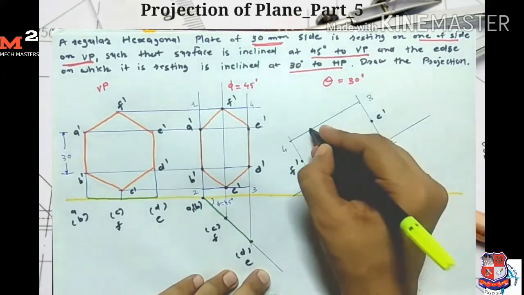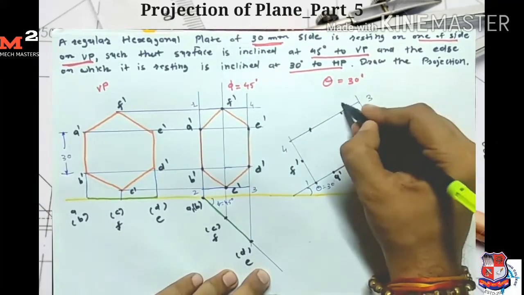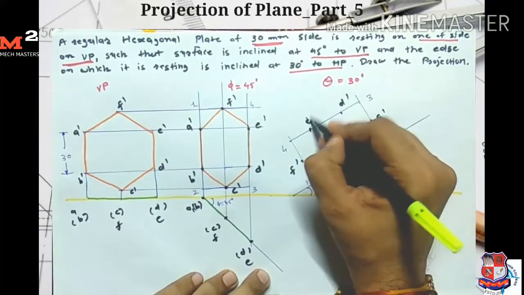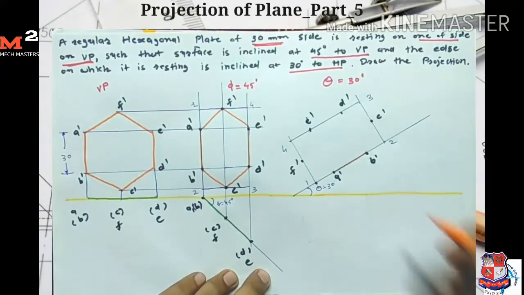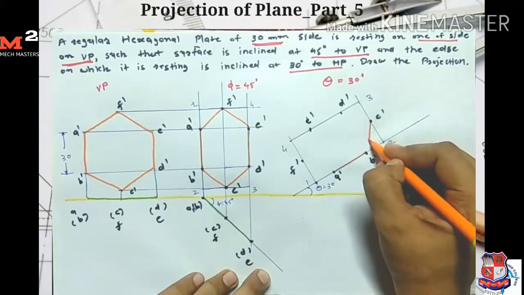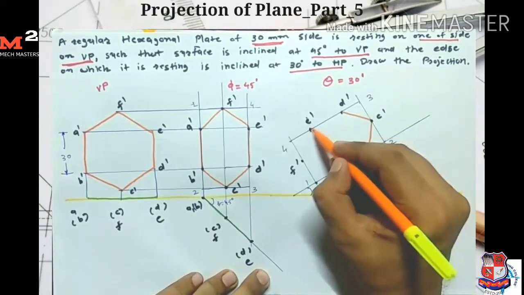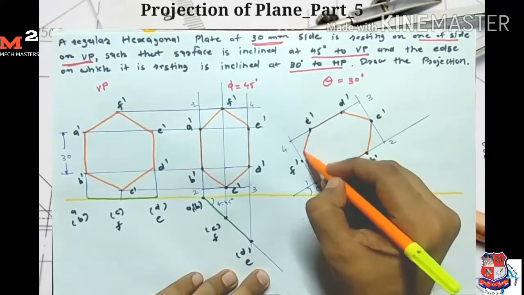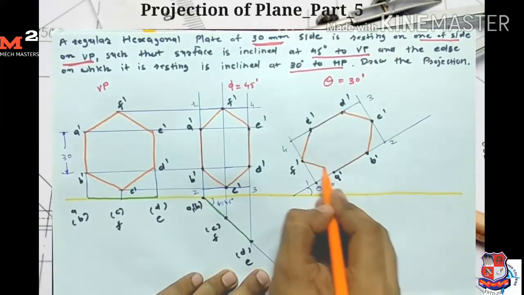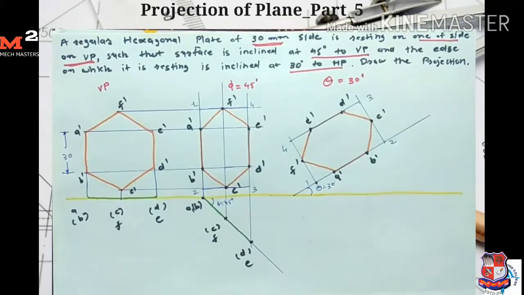So here I get my two points D dash and E dash. After joining these points I get my hexagon A dash B dash, B dash C dash, C dash D dash, D dash E dash, E dash F dash and F dash A dash. So in this way I complete the front view for the third stage.